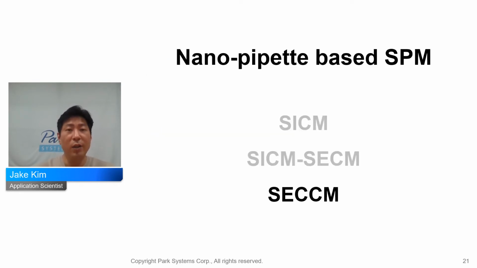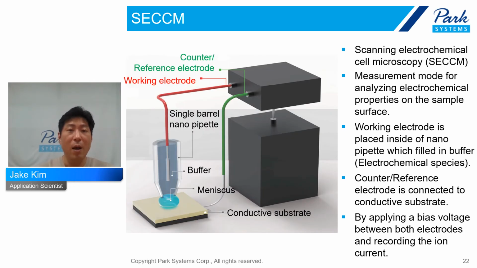Okay, the last one is the scanning electrochemical cell microscope, SECCM. SECCM is a recently developed pipette-based SPM technique designed to investigate the local electrochemical properties of a sample surface.